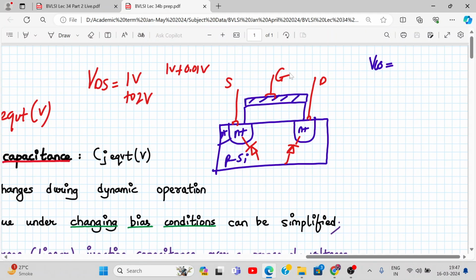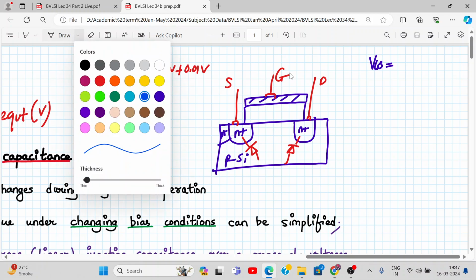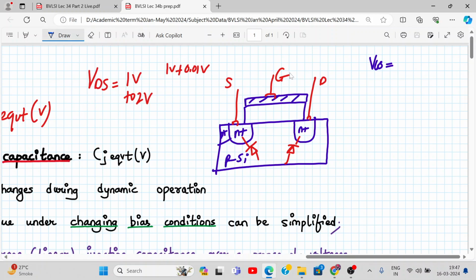Normally all the voltages are measured with respect to source terminal. So let's say VGS is 2 volt. This is VG minus VS. VDS is 5 volt. So all the voltages are measured with respect to source. Source terminal is normally constant. It's not changing much. Drain terminal is one which is changing much, and gate terminal is also changing much.